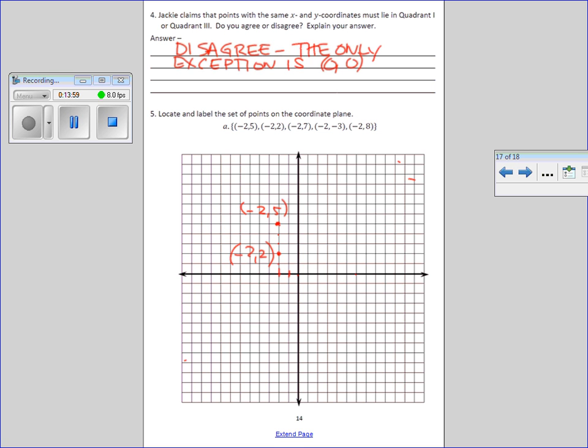Negative 2, positive 7. It's going to be tight, but there it is. Negative 2, negative 3. Right there.